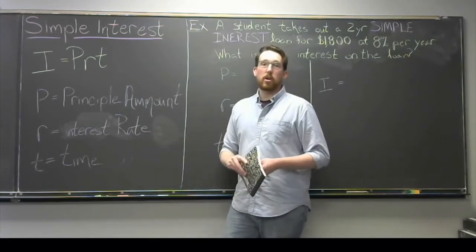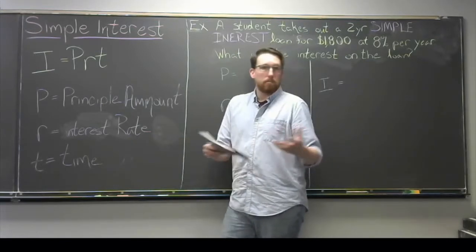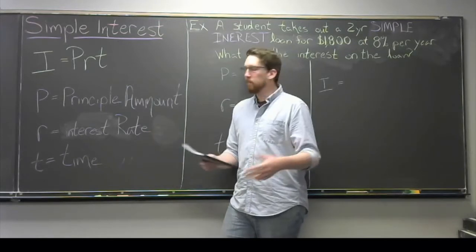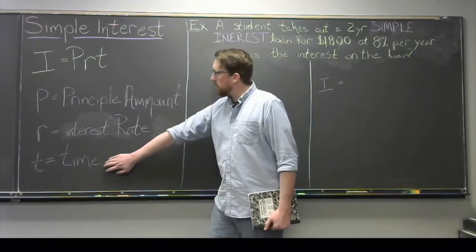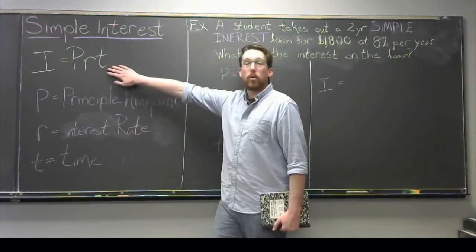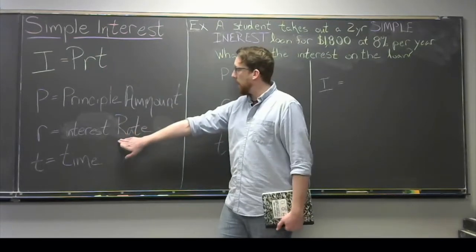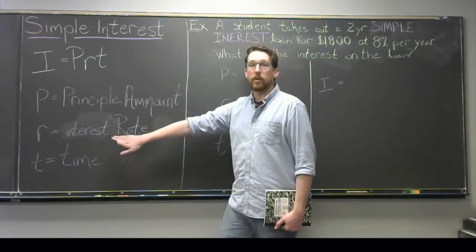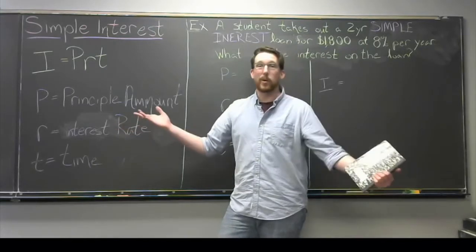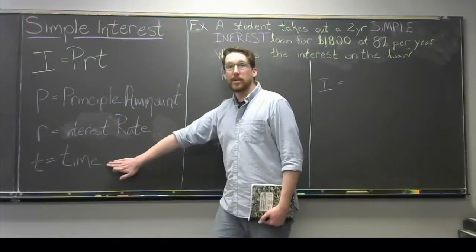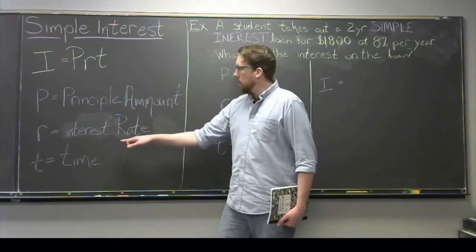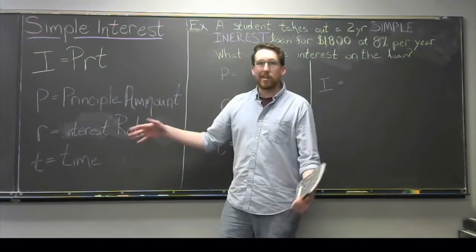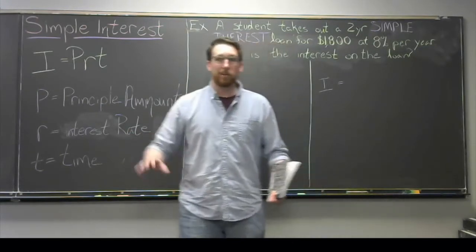So we might hear an annual rate, the interest per year. And the time t is going to be in the same amount of time as the interest rate is. So if the interest rate was in days or weeks, time would be measured in days or weeks. But usually it's in years, and we're going to default to assuming that it's years for all of this stuff.